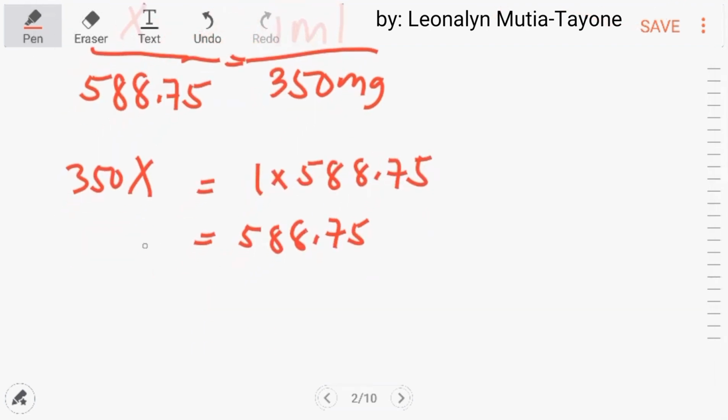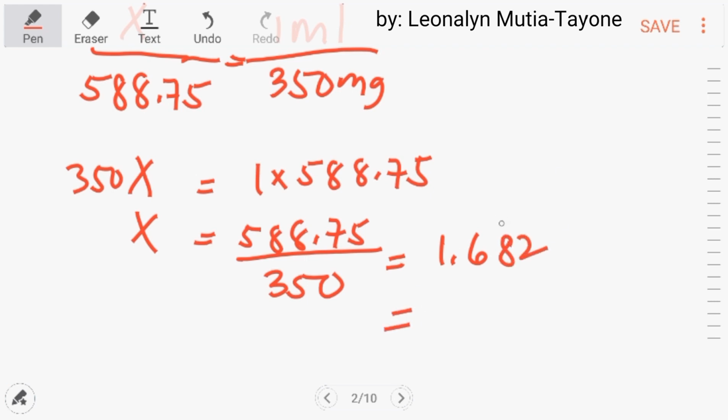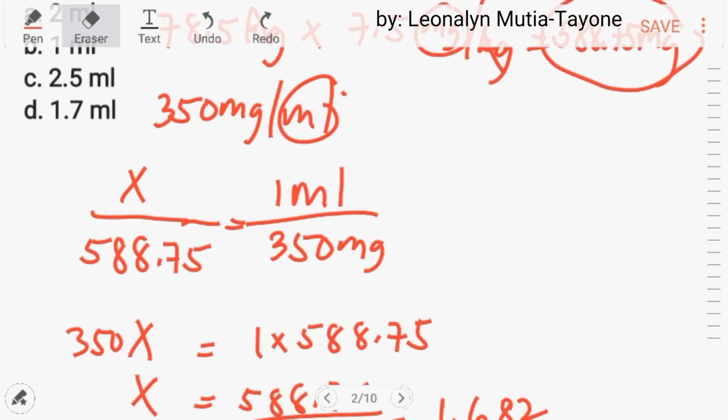To isolate X on this side, we have to divide both by 350. So 588.75 divided by 350, and that is 1.82. So we will just round it off to 1.7. So the answer is 1.7.